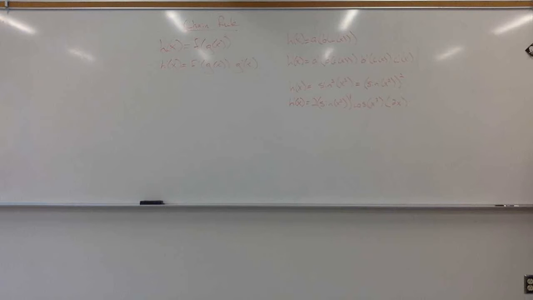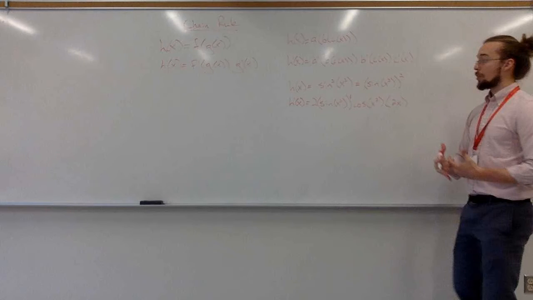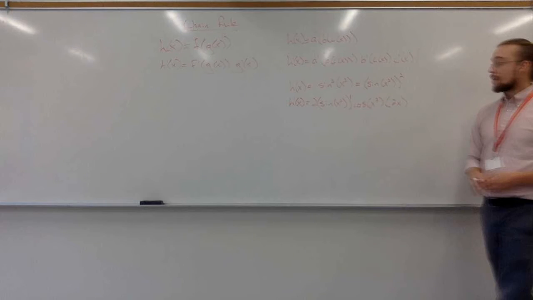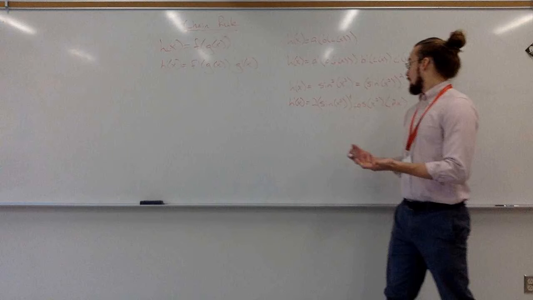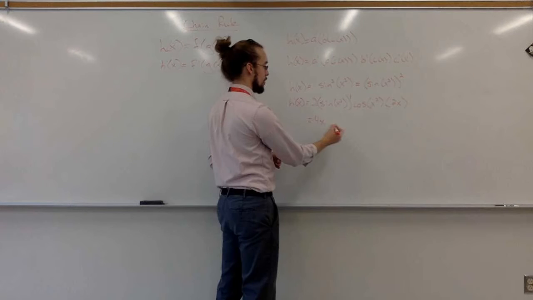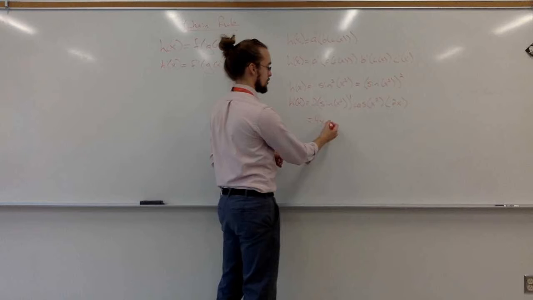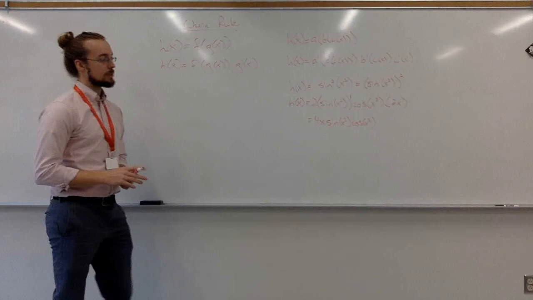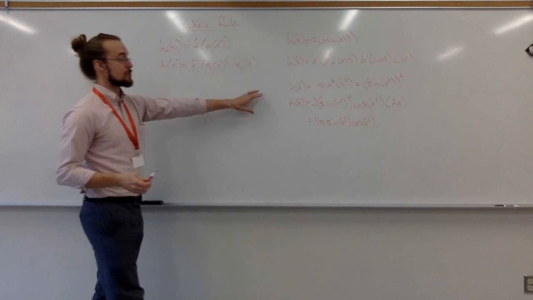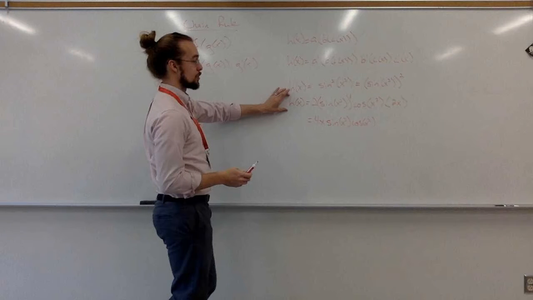So this is an example of a 3-layer chain rule problem. We could just leave it like that. Really, the only thing we could do to clean it up would be to maybe bring this 2x out front and make it 4x times the sine of x squared times the cosine of x squared. That's about all we could do to clean it up. But if this is a free response, you can stop right there.